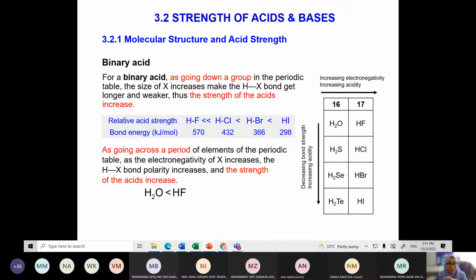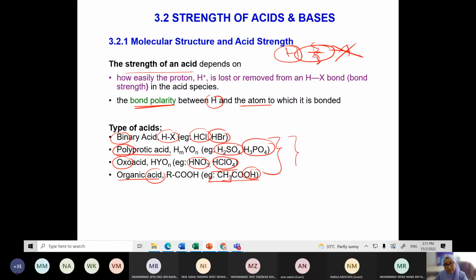Each of these 4 acids has its own nature. So what could be the factors that affect the strength of each acid that we have here?